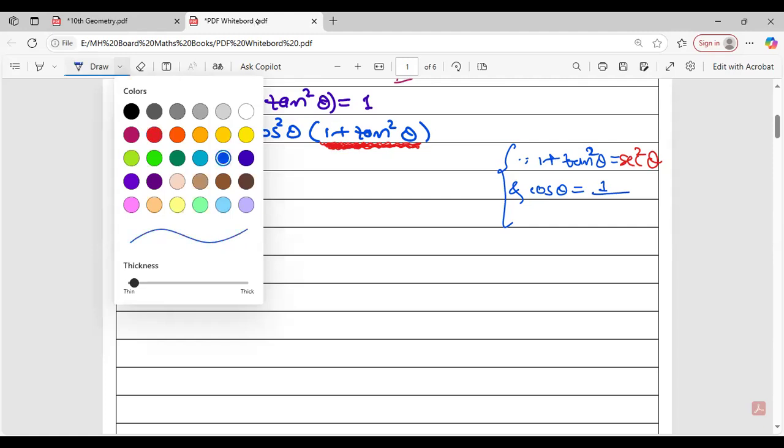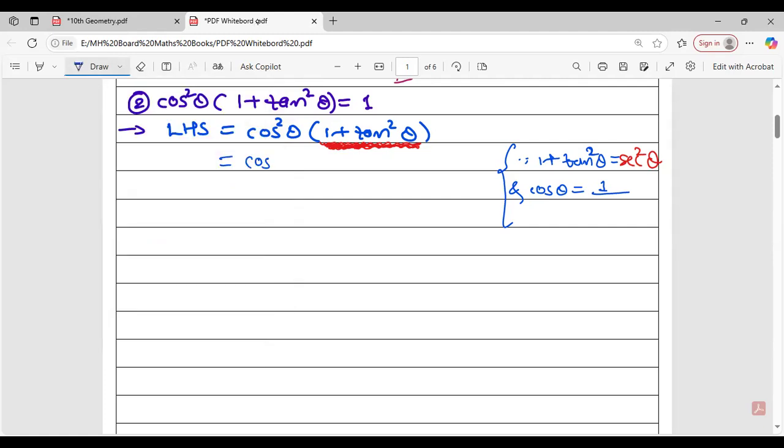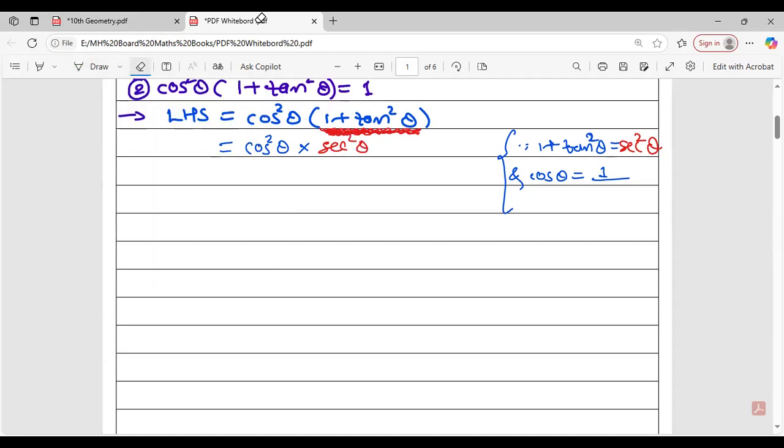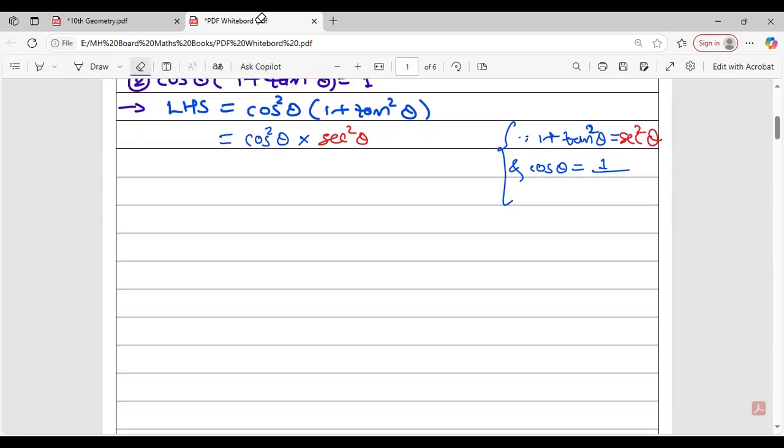Then it is cos square theta into this bracket, which is nothing but sec square theta. Now it is like cos theta into sec theta, whole square. The bracket is taken common.